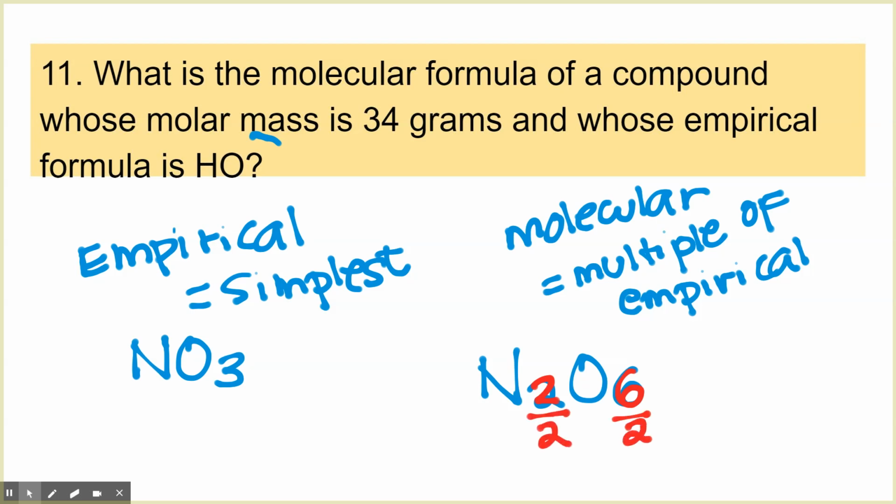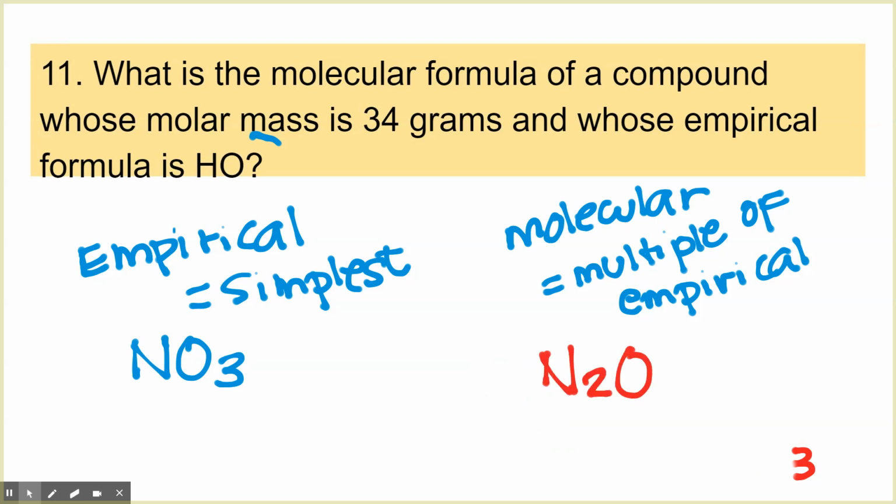And therefore 2 divided by 2 is 1, 6 divided by 2 is 3. See that? So this is the empirical formula. So NO3 is the empirical formula of N2O6. See that? So that's the difference between the two. All right, so let's figure out this problem right here.